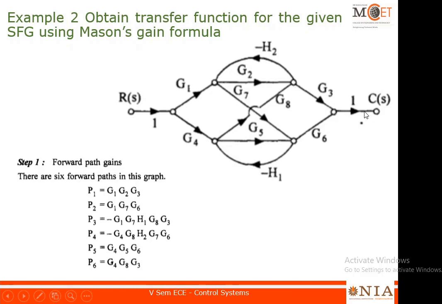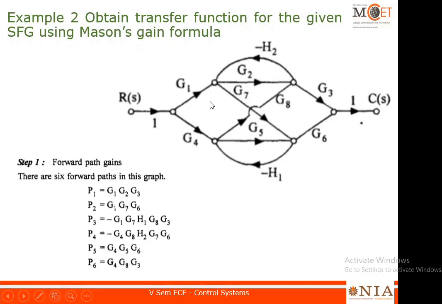So in this forward path also, every node is covered only once. Not necessary that you should cover all the nodes, but we should be very careful that one node is covered only one time. In this path, you can see that this node was covered one time, again this one time, this one time, and then this one, and it went out. So this is another forward path.